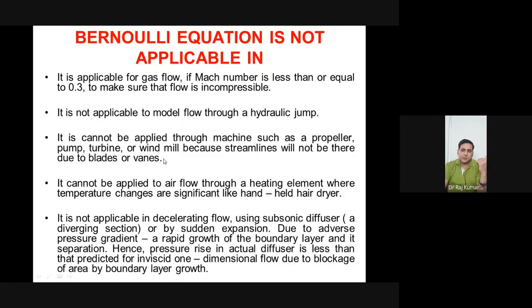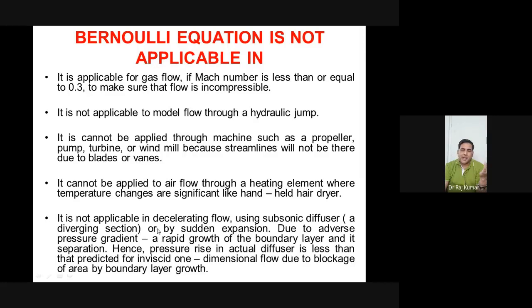Second, it is not applicable on your propellers, your turbine, your wind turbine. Anything where you have a rotation, your streamlined flow pattern is not there, so you cannot apply Bernoulli. You have to leave that section as it is and think what else can be done for that. Then again, airflow through a heating element, just like a hair dryer: you cannot use Bernoulli there either, because there also you don't have a flow pattern.